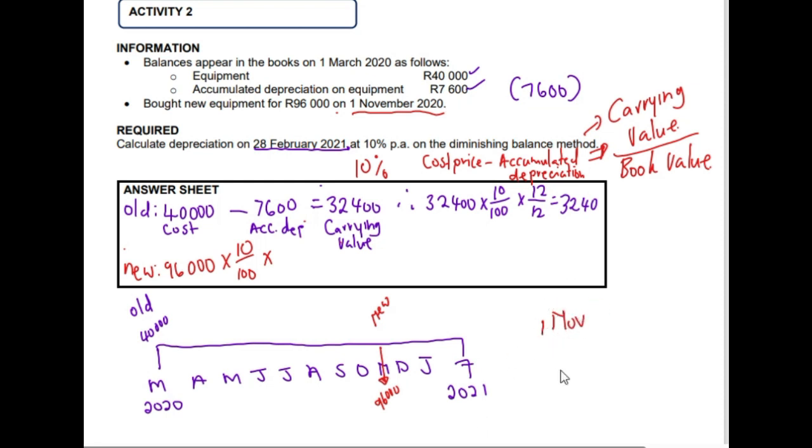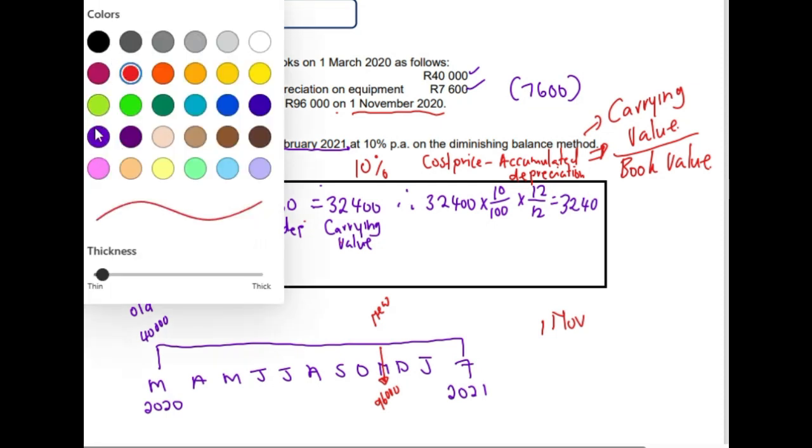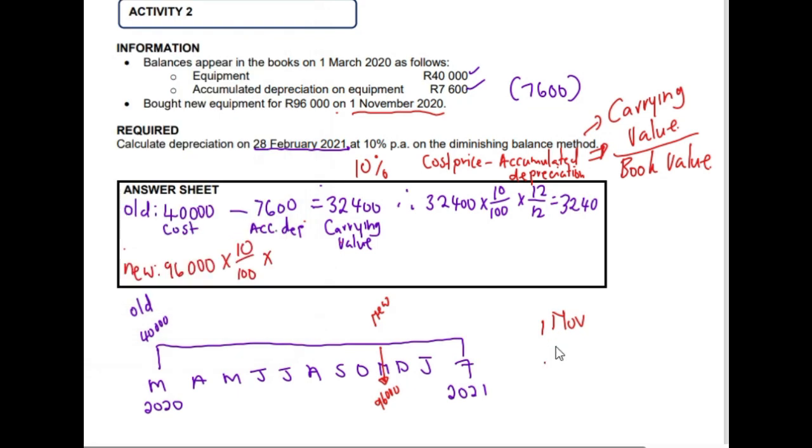But if ever this equipment was bought on the 30th or the 31st of November, then we'd start counting from December. Right now we are going to start counting from November. Then it will be available in the business for how many months? 1, 2, 3, 4.